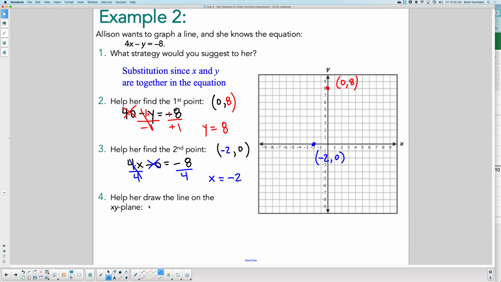Last step. How do we draw the line? I would recommend you bust out your ID badge to help you draw a straight line. And I want you to connect those dots going across. So connect those dots just like that, and you'll have your line.